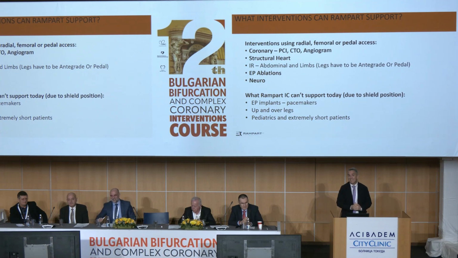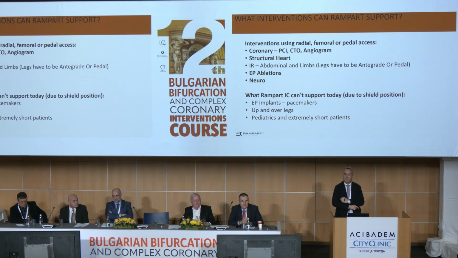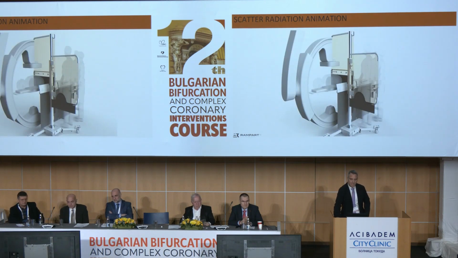It doesn't protect the radiographer doing TAVIs, for example. But for pacemakers, we found a solution: we put the patient upside down, and we can do pacemakers also with Rampart. Also, Rampart has a new version coming out, which encompasses also what you've seen on the egg, but on just one side.